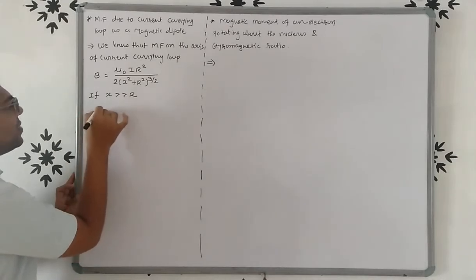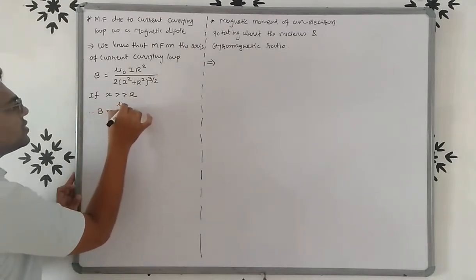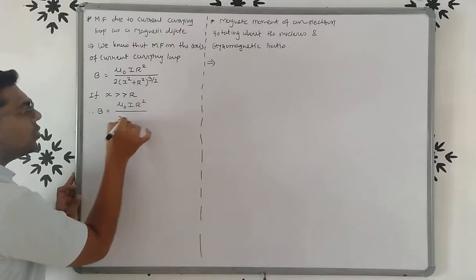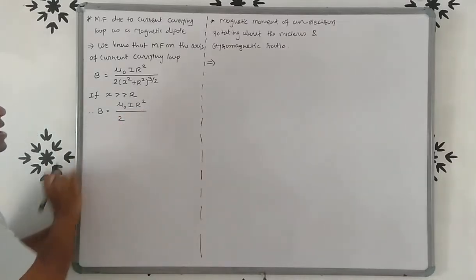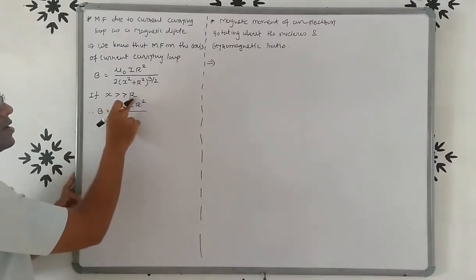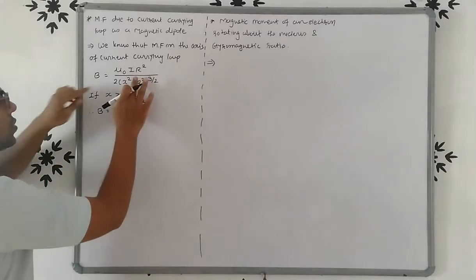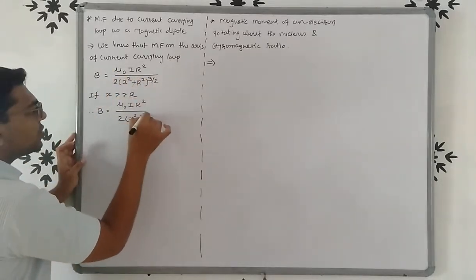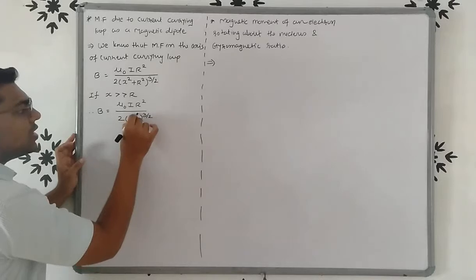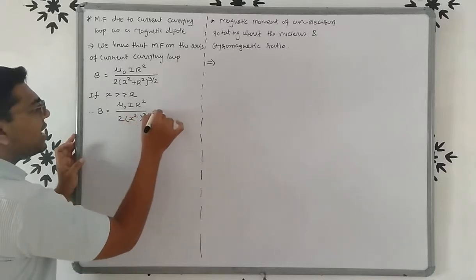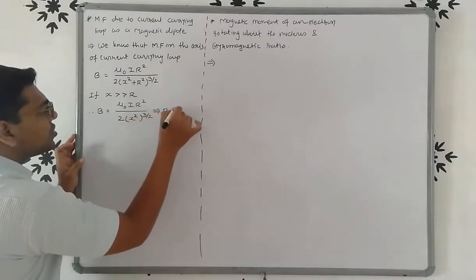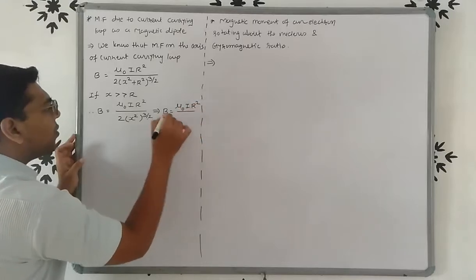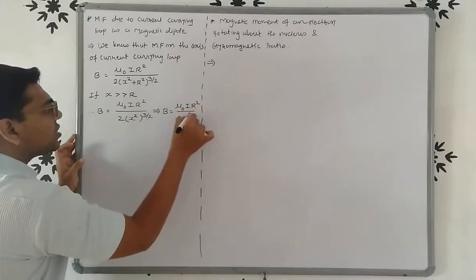So the equation will be B is equal to mu 0 I r square upon 2 x square raised to 3 by 2. Here the 2 cancels, so we get B is equal to mu 0 I r square upon 2x cube.